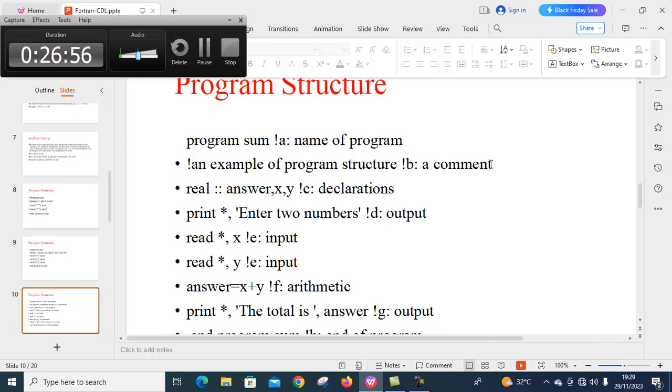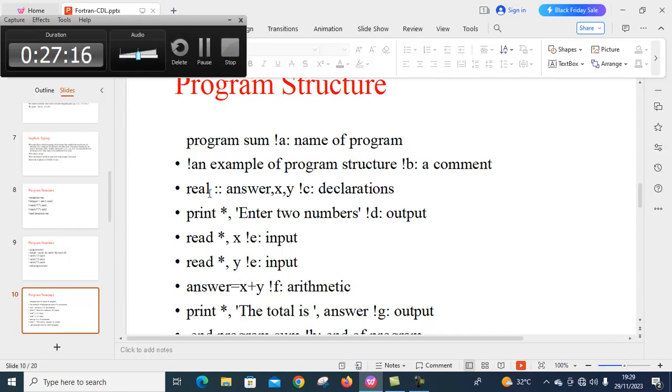It's a comment. You can just say, my name is Olashpade, I'm the lecturer in charge of CS 215. The compiler will ignore it. It will not be part of the program.